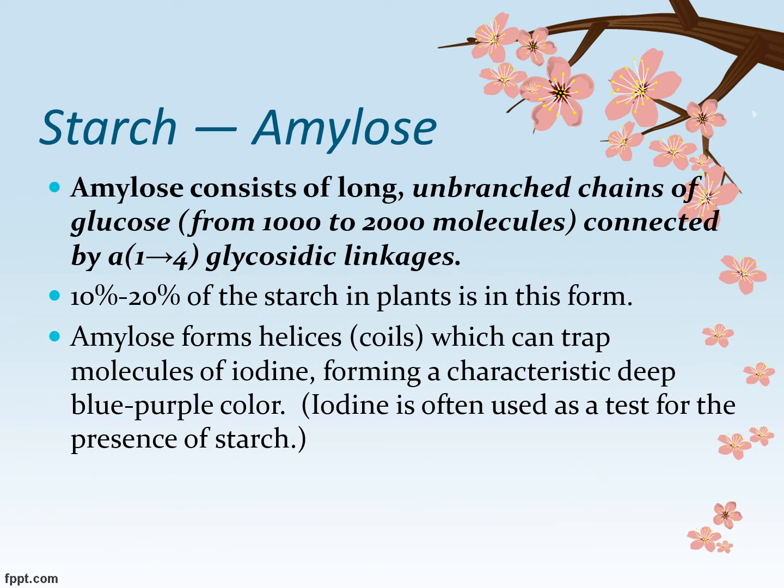So let us look at amylose. Amylose consists of long, unbranched chains of glucose only, from 1000 to 2000 molecules of glucose connected by the alpha 1 to 4 glycosidic linkage. In plants, 10 to 20% of the starch is amylose. The remaining is amylopectin.